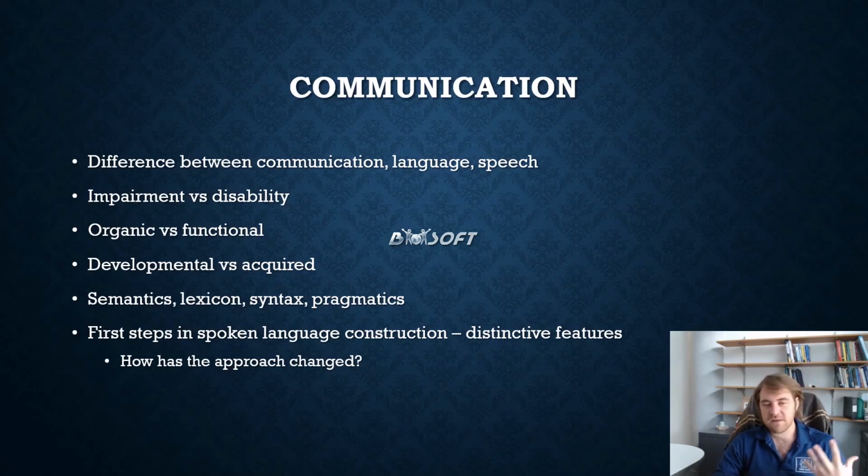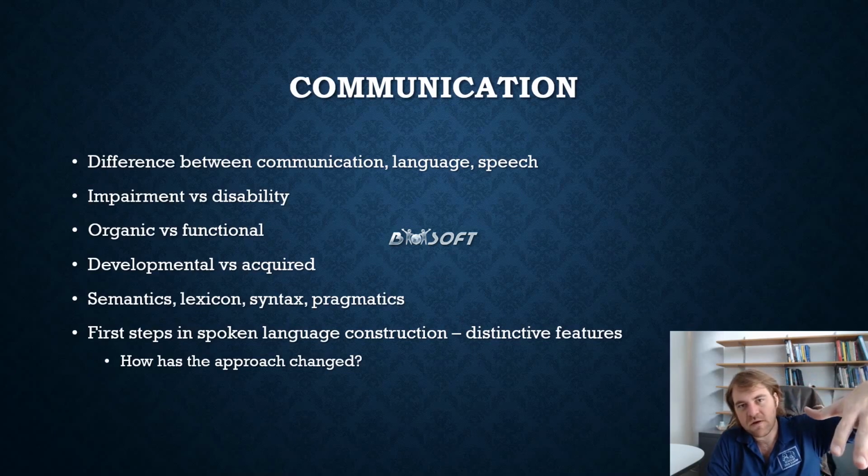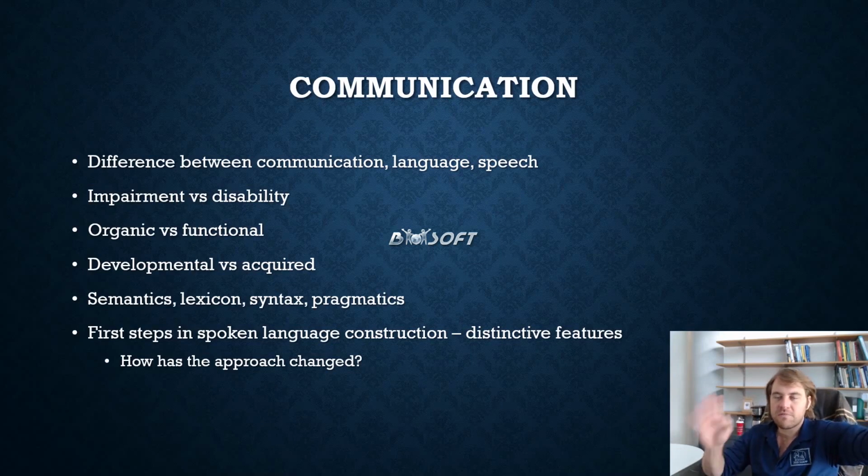Distinctive features is just that older model where everything could be broken down into zeros and ones. Remember I was talking about how that's how computers were constructed back in the day. And they still run that way, but we have algorithms that can do non-binary things. And so the speech scientists were trying to figure out a way to model speech with just something is turned on, something is turned off.